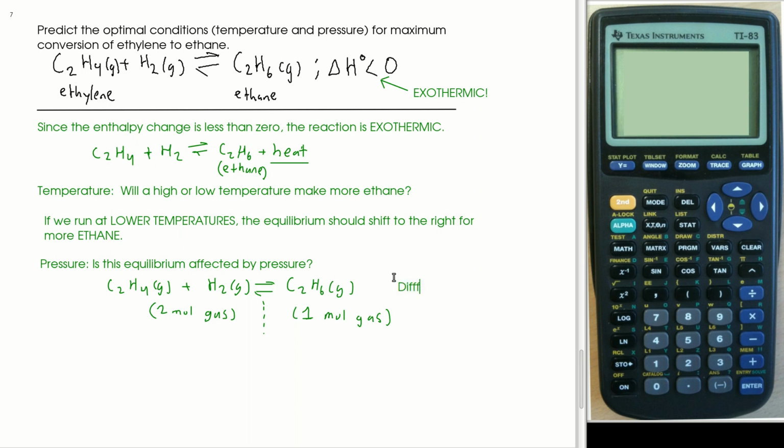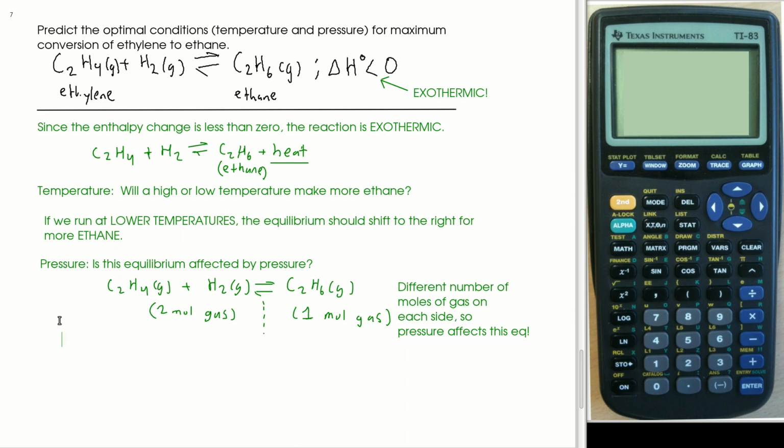So different number of moles of gas on each side, so pressure affects this equilibrium. Now what's the effect going to be? If I run at higher pressures, if I compress this, then the equilibrium is going to try to reduce that pressure if it can.